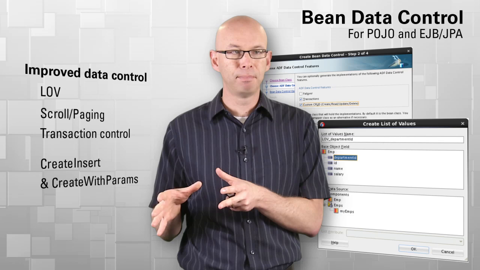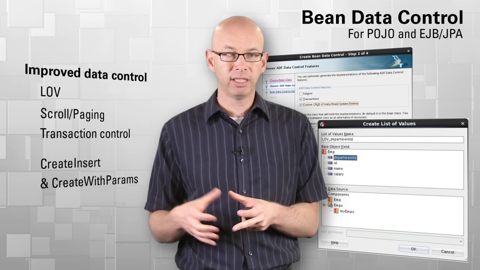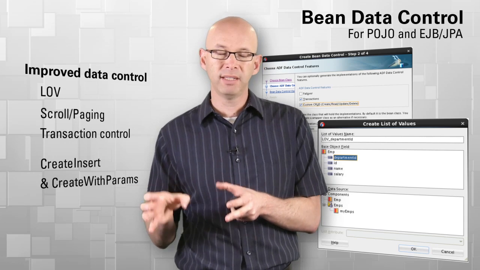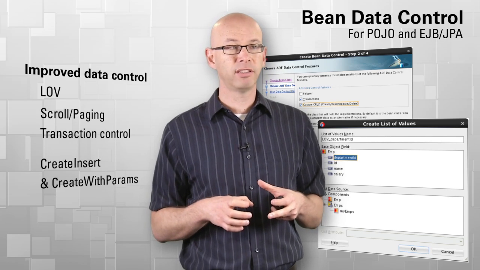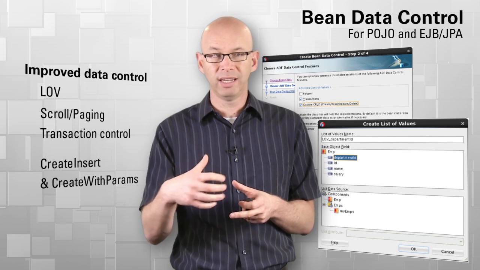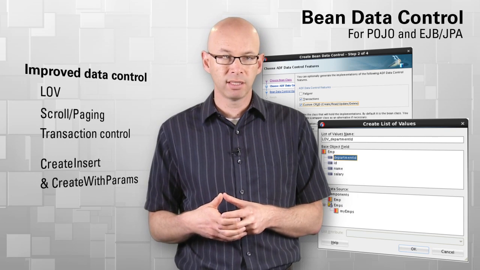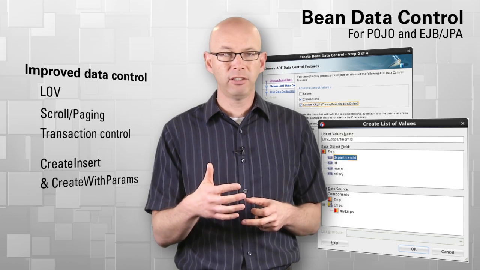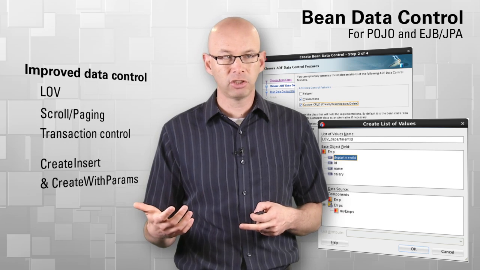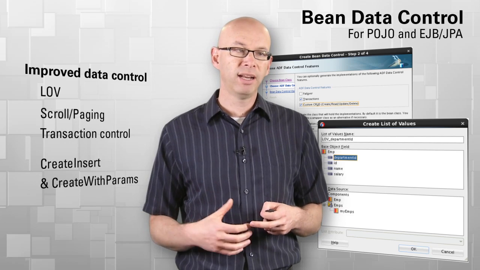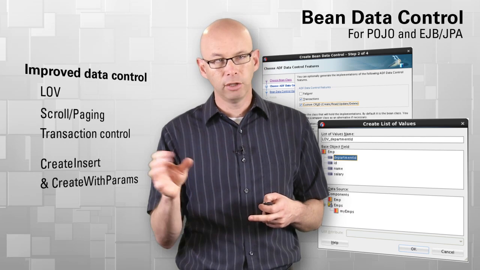We also enhanced the bean data control. The bean data control is used both for POJO, simple Java classes, as well as for EJBs that are fronting JPA entities. And we introduced new capabilities into this bean data control, including support for the list of value concept that you had previously in ADF Business Components, support for scrolling or paging access to your data, and the ability to create stub methods for transaction control, as well as the create insert and create with params operations in your binding layer.